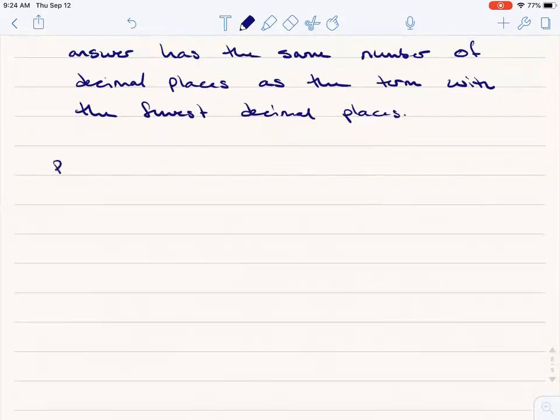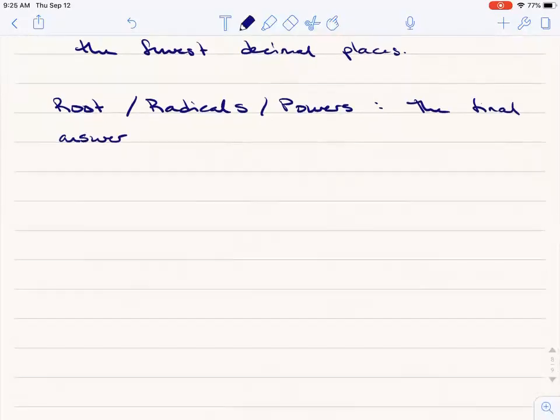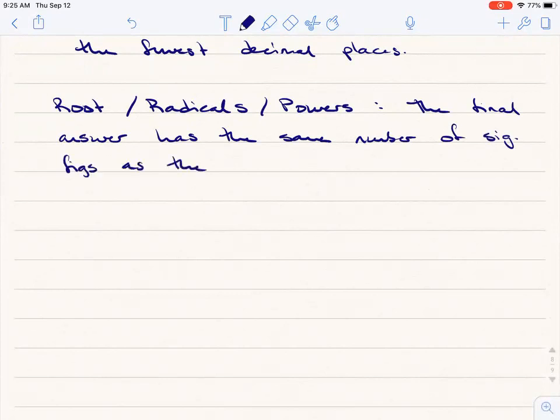So for roots, radicals or powers, the final answer has the same number of sig figs as the number.